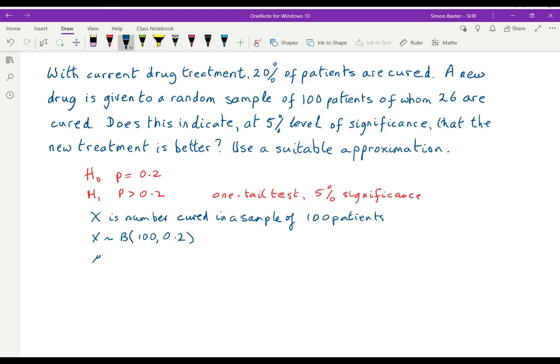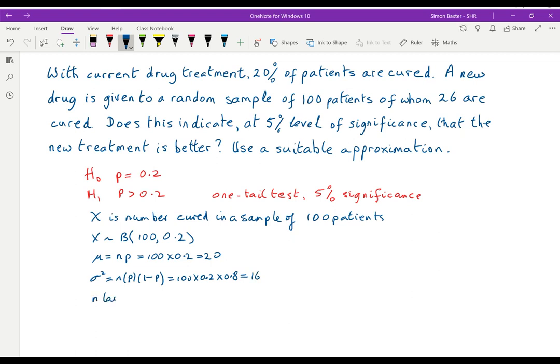We want the expected mean, mu, which is np, which is 100 times 0.2, which is 20. And sigma squared is np(1 minus p), which is 100 times 0.2 times 0.8, which is 16.